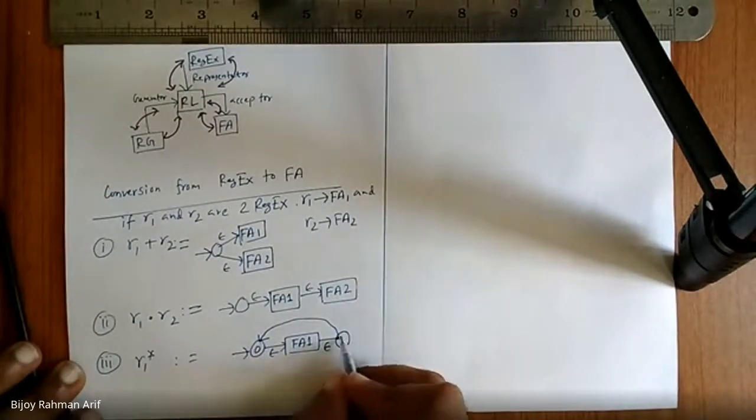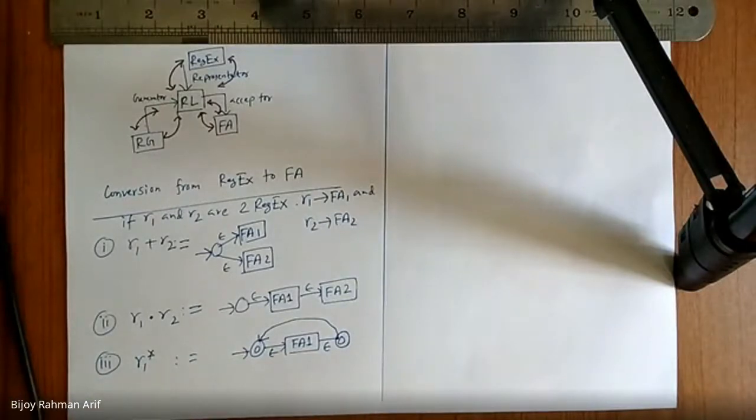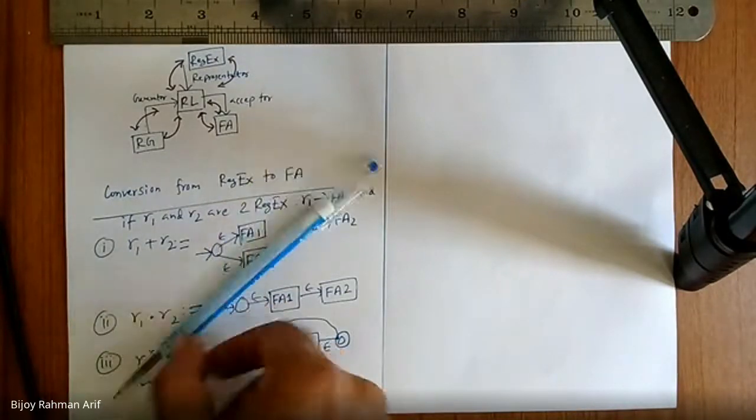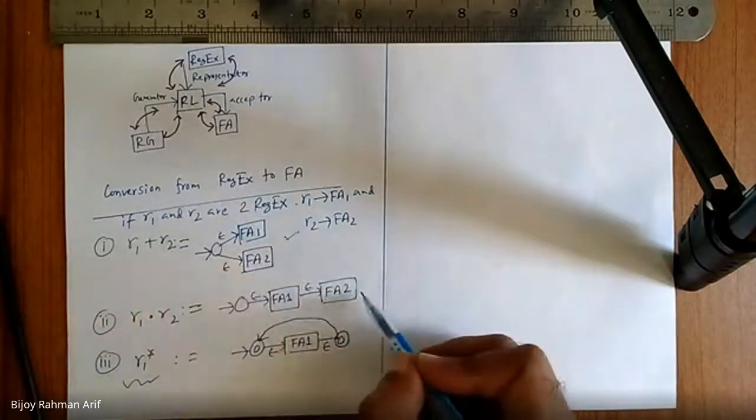Both are accepted. So this is R1 star. Do you agree with me or not? So see, epsilon, 1 FA1, go back, 2 FA1, go back, 3 FA1, go back, 4 FA1. In this way, we can accept R1 star. And the rest of the two you know already.